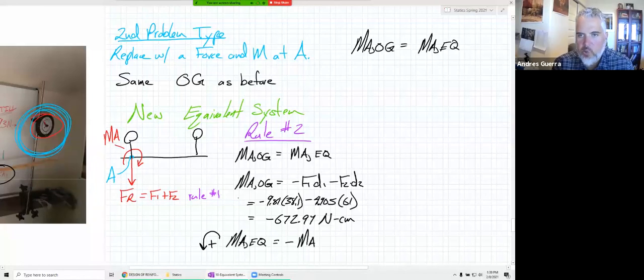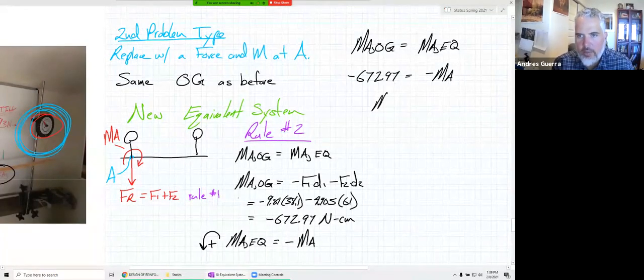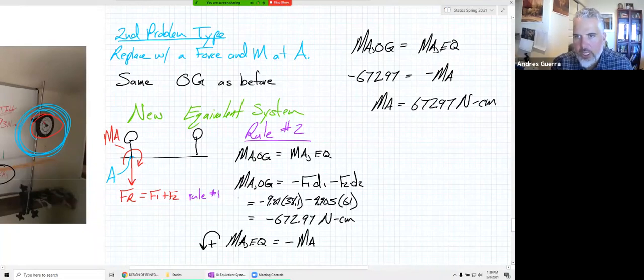And we're going to find minus 672.97 is equal to a minus MA. So we know that MA just has to be that 672.97 Newton centimeters, and that will get us the same support reaction.